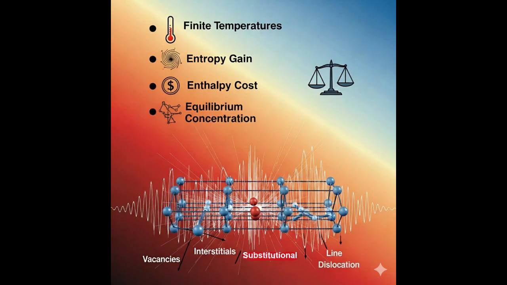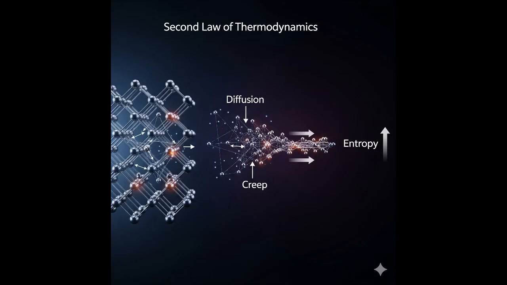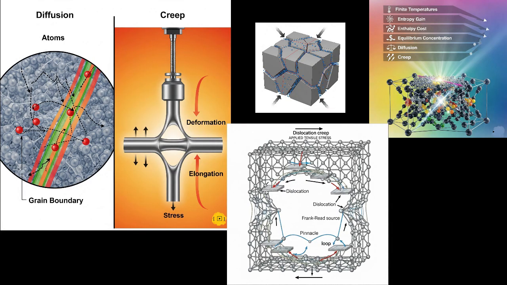At finite temperatures, the entropy gain associated with creating these defects often outweighs the enthalpy cost, leading to an equilibrium concentration of defects in materials. This is crucial for understanding diffusion, creep, and many other material properties.